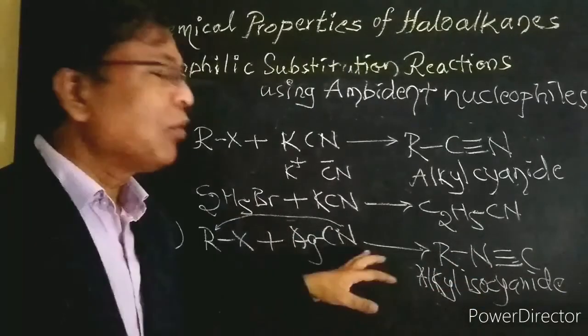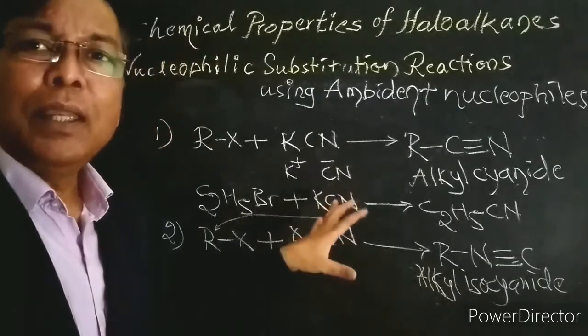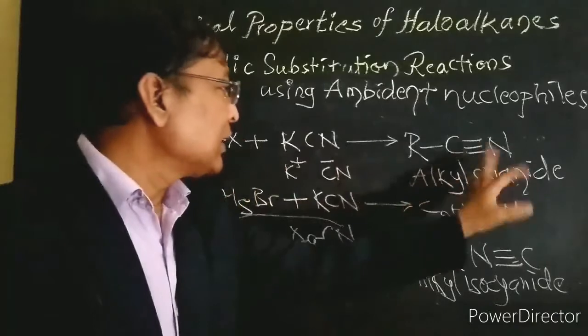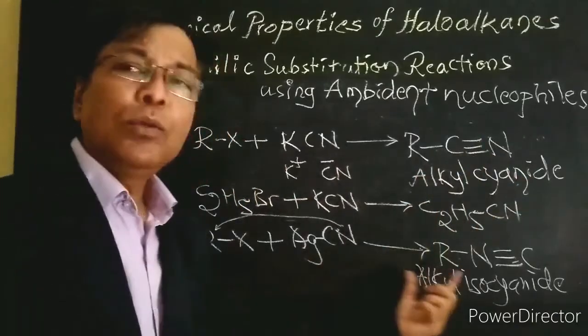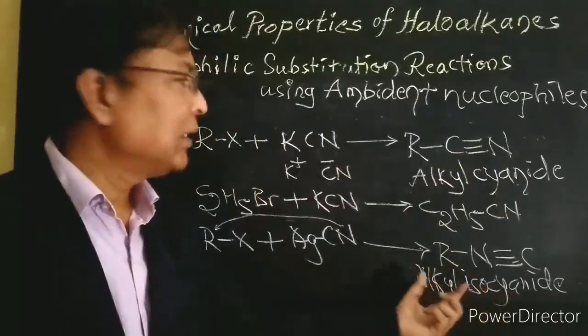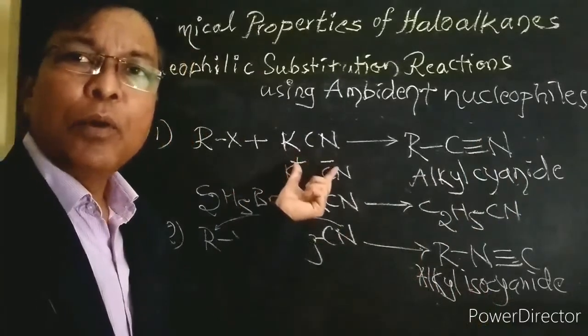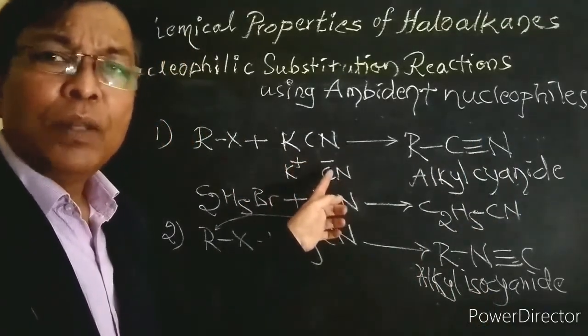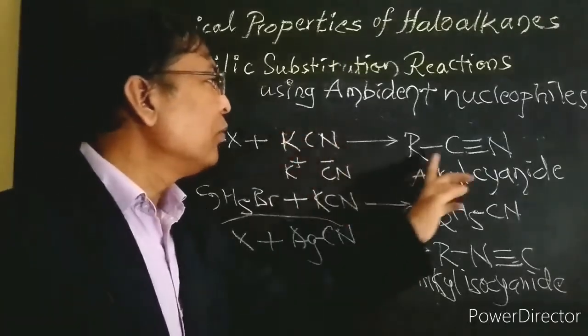You have to remember, most of the students get confused why KCN gives cyanide and why AgCN gives isocyanide. The simple reason is KCN is an ionic compound, therefore the carbon atom is the rich nucleophilic center, so it forms bond from carbon.